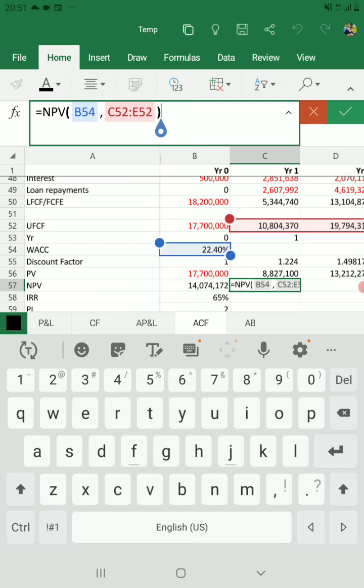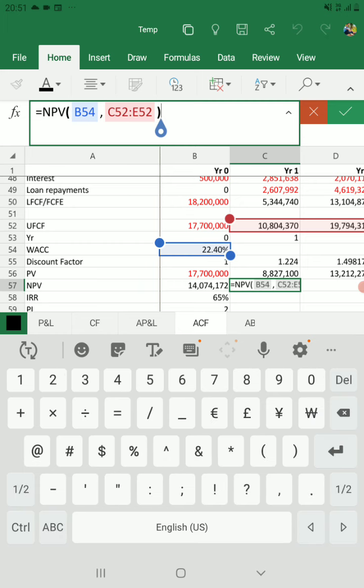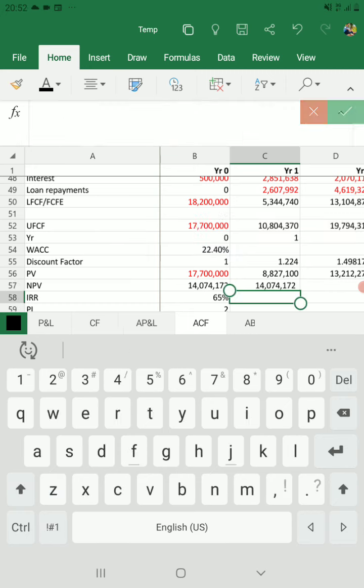So at the end of the formula, I put minus, because the initial outlay is a negative number already. So instead of using minus, just plus the initial figure here, which is this one. Press enter.